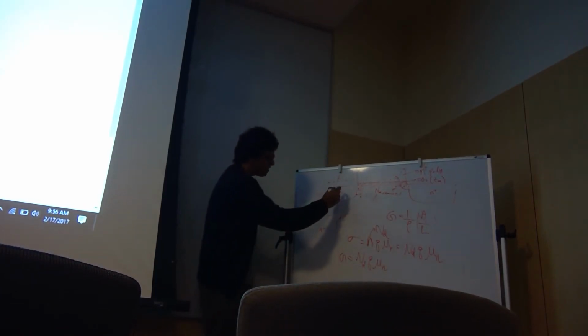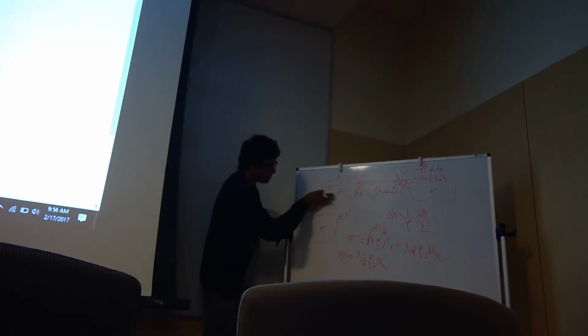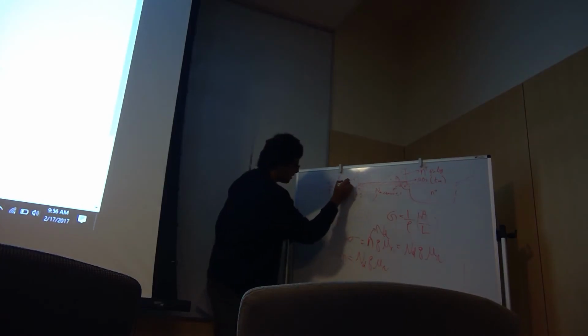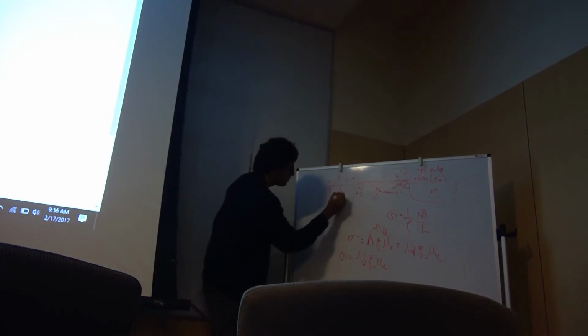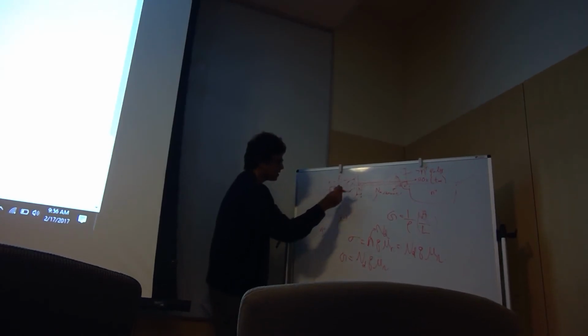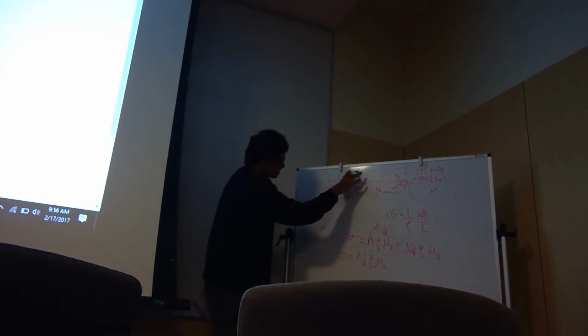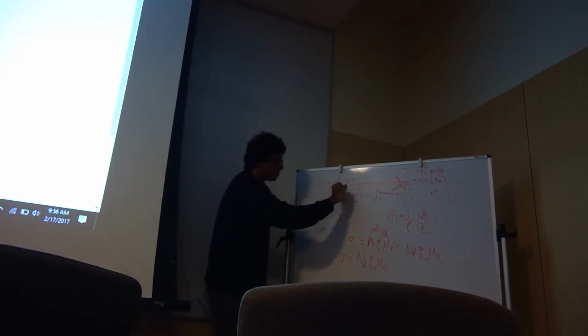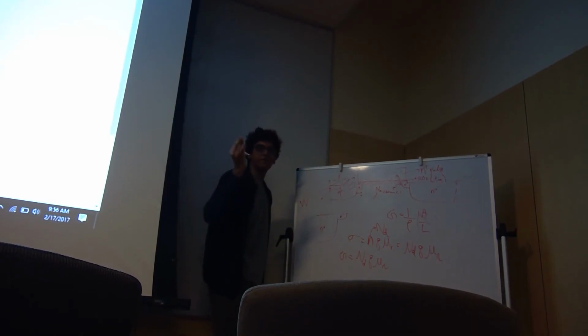So what is the area here? It's this area. If I was drawing the transistor, if I draw a rectangle here, it's the area of this rectangle, going into this board. So what is that area? It's the width of the transistor times this. So assume this is a small differential length dx.